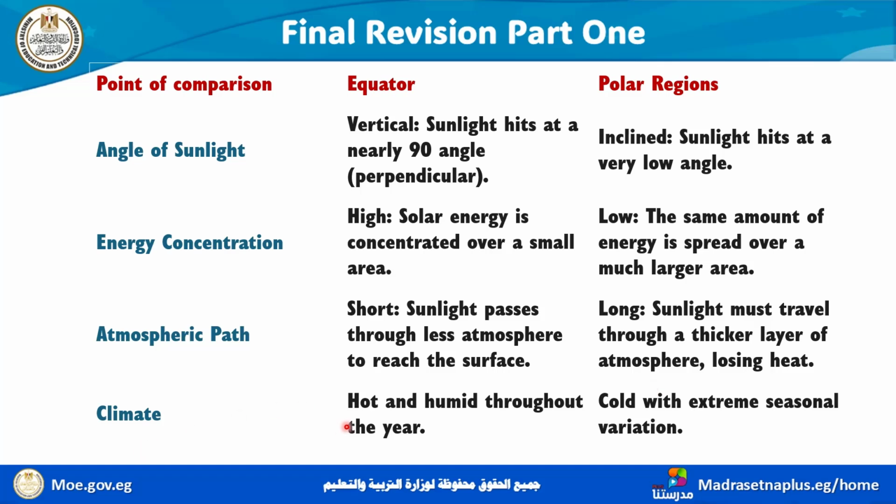The climate at equator is hot and humid throughout the year, while in polar region the climate is cold with extreme seasonal variation.